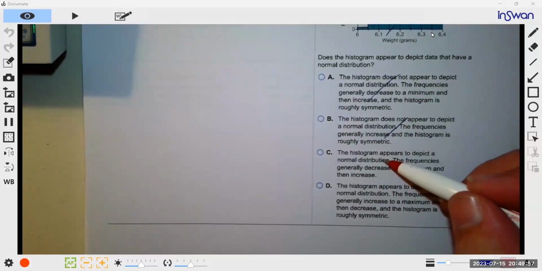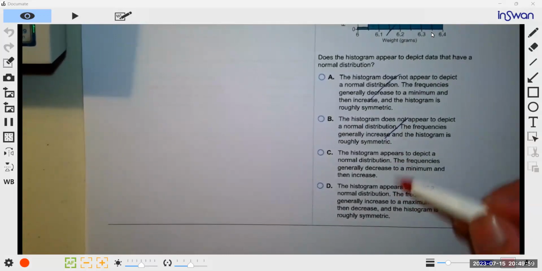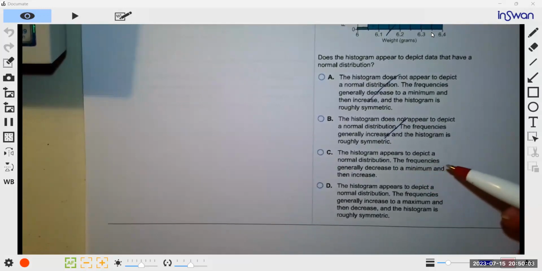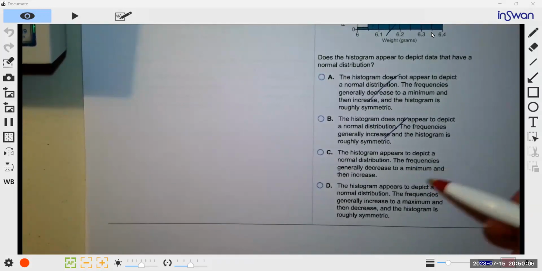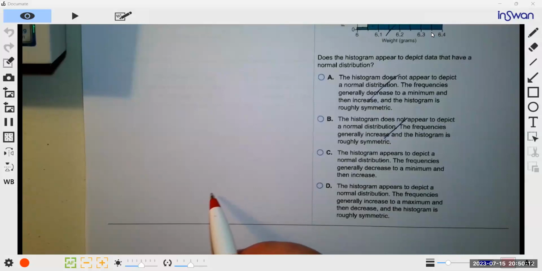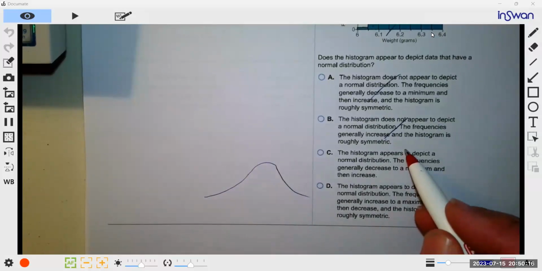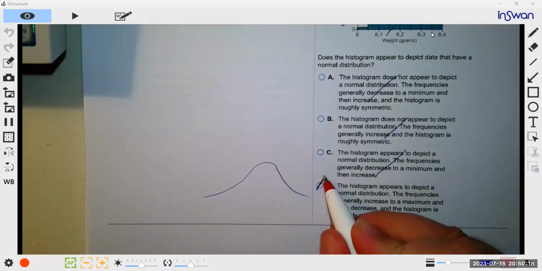Appears to depict a normal distribution. Okay, so it has to be one of these 2. The frequencies generally decrease to a minimum and then increase. The frequencies generally increase to a maximum. Yeah, because a bell curve goes up to a maximum and then back down. So the answer is D.